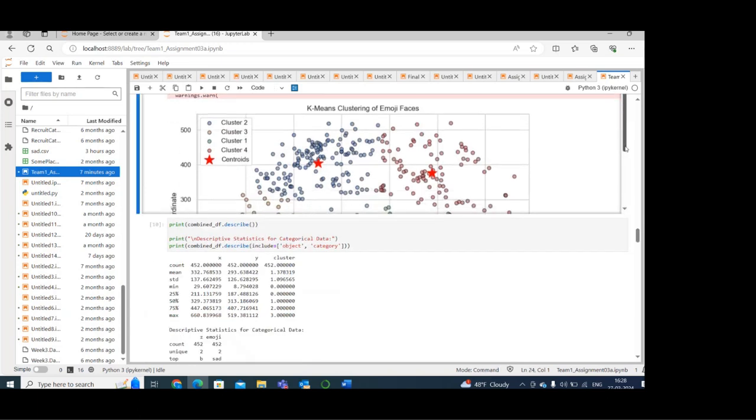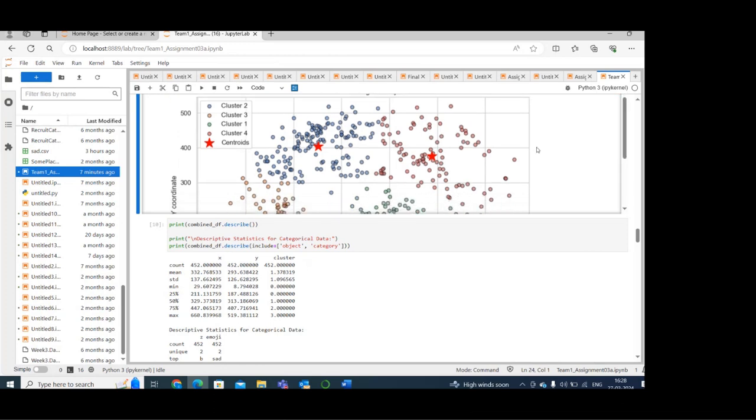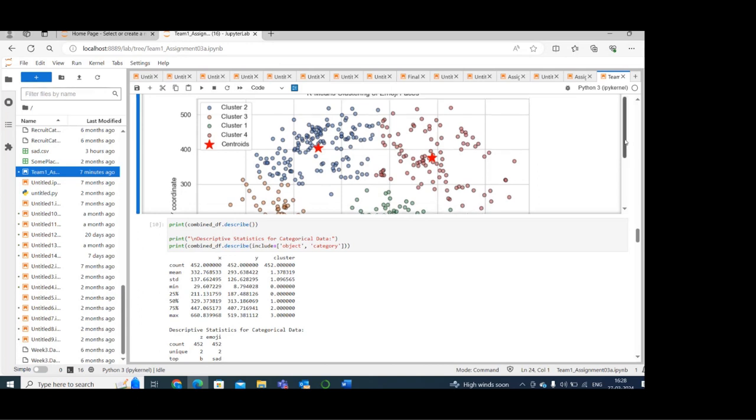Hello everyone. We applied k-means clustering to our data set. By doing this, we were able to see if there are natural clusters which are formed when we combine the happy and the sad face data sets.